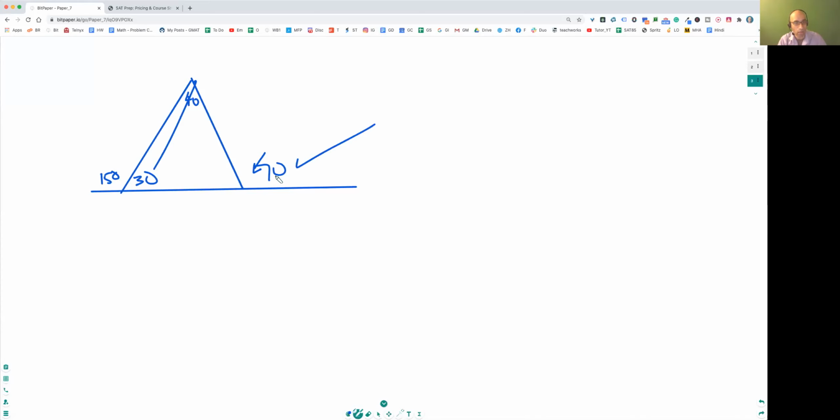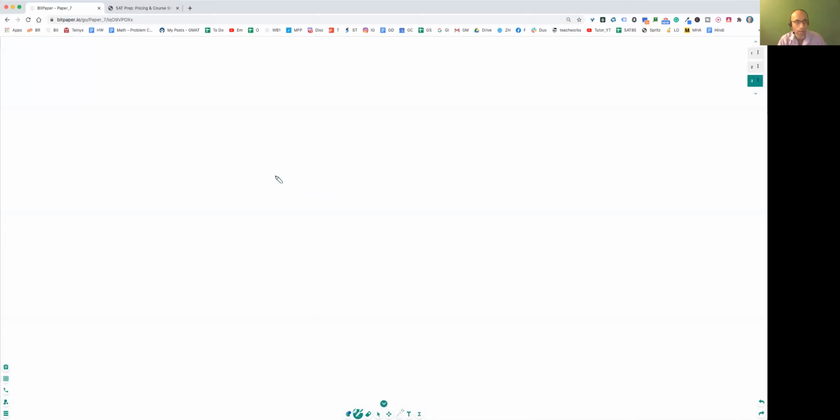Now let's think of some other ideas. Sometimes they might give you this kind of an idea. First of all, the exterior angle is done. Let's now look at another concept. You already know the angles inside are going to sum up to 180.